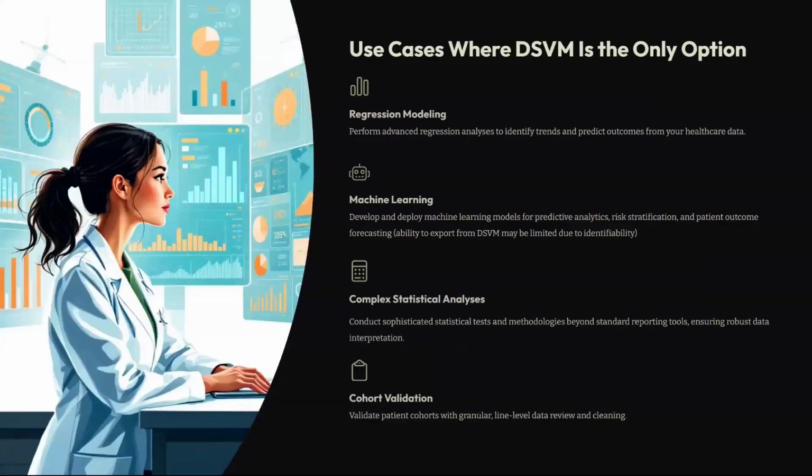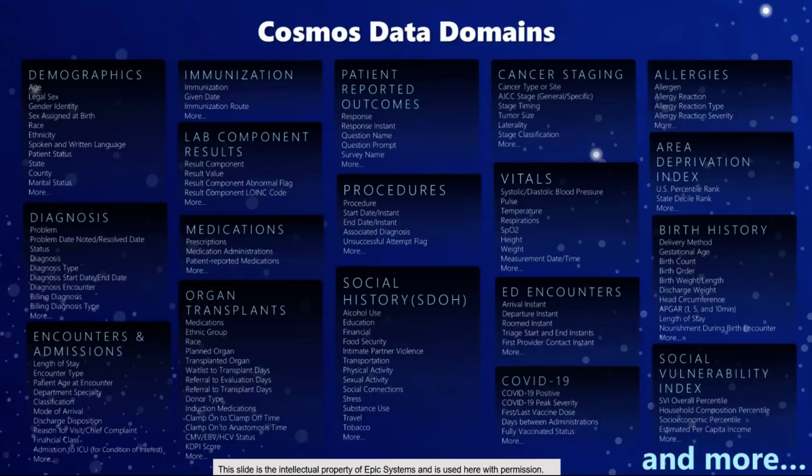And we have one more slide that got cut in the middle, and that is this big slide showing all of the different data domains. This is not technically all of them, but I think they're the most important ones. This is another slide from Epic. On the upper left, you can see the demographics that are in Cosmos, and the types of encounter information they have. On the lower left, we have diagnosis information, various other clinical outcomes that you might want, and social demographics around things like the social vulnerability index for where the patient lives based on zip code, and the area deprivation index.